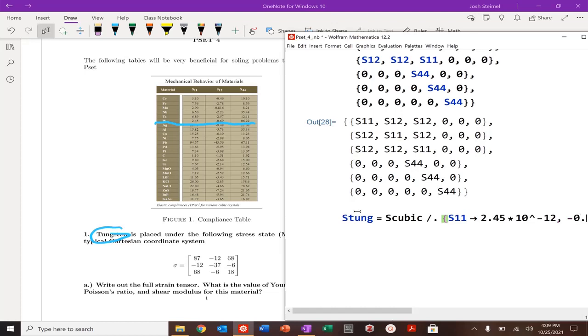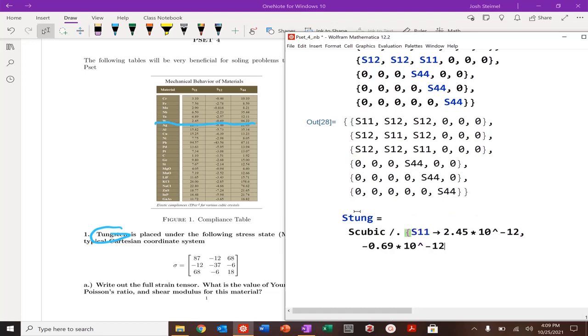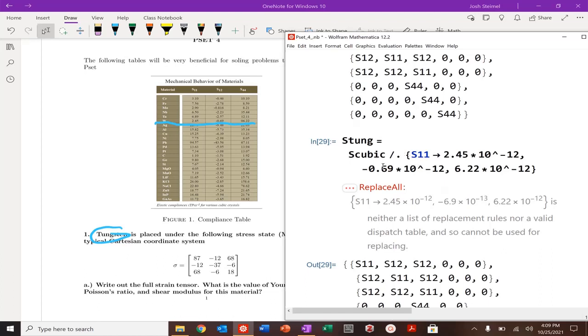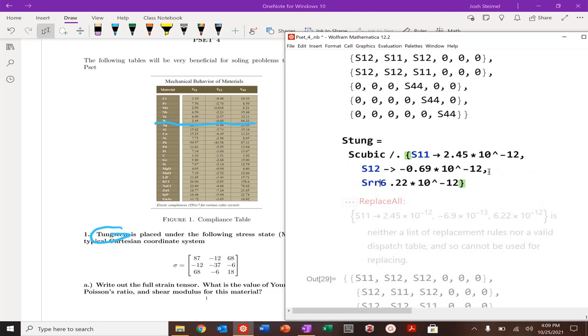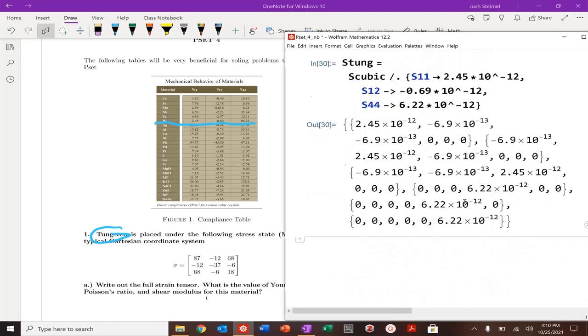We have minus 0.69 times 10 to the minus 12, and we have 6.22 times 10 to the minus 12. And there we go. Oops, I need to do S12 slash goes there, and S44 goes there. And there I see my tungsten matrix essentially.